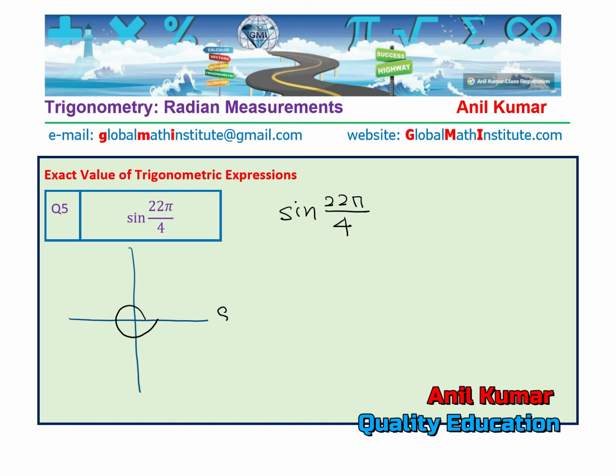It will be 8 pi by 4, correct? But we have to go more because it is 22. So if I make another circle, it will be 16 pi by 4, correct? Now we are looking into 22, which is still more than 16, right?